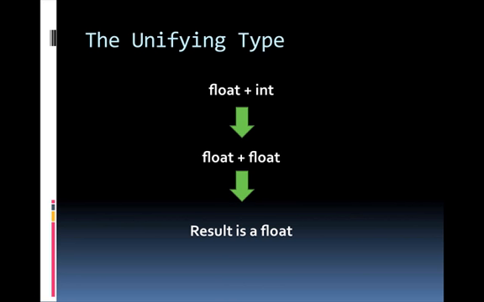Basically what happens is if I'm adding a float, which is a decimal number with 6 or 7 digits after the decimal point, and an int, which is an integer number somewhere between -2 billion and positive 2 billion, Java promotes that integer to a float. So Java converts implicitly that int into a float.